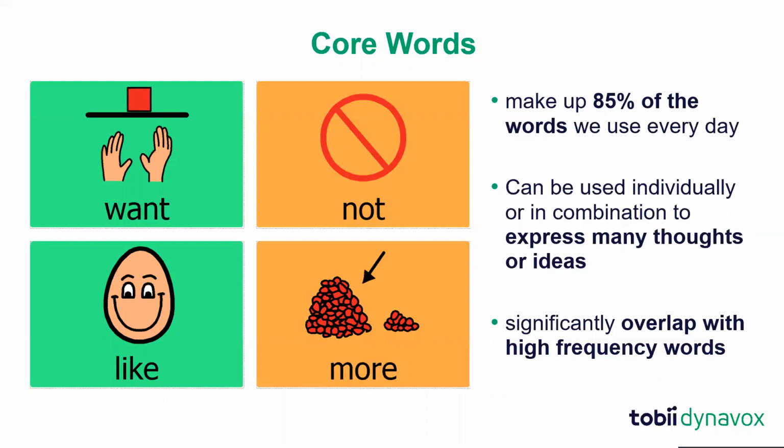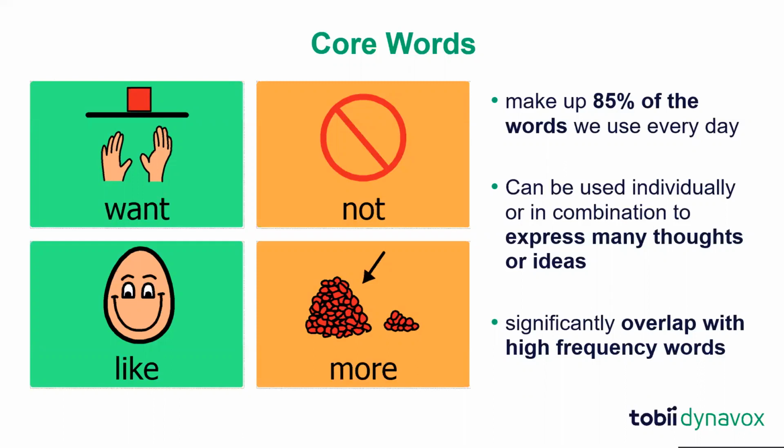We know these 36 core words overlap with the high frequency words that our schools all around the world are focusing on as part of their literacy programs. So while core words tend to be stronger for communication, high frequency words are more about the written word. There is a lot of overlap, but there are words that you see in high frequency in written text that might not be as powerful.